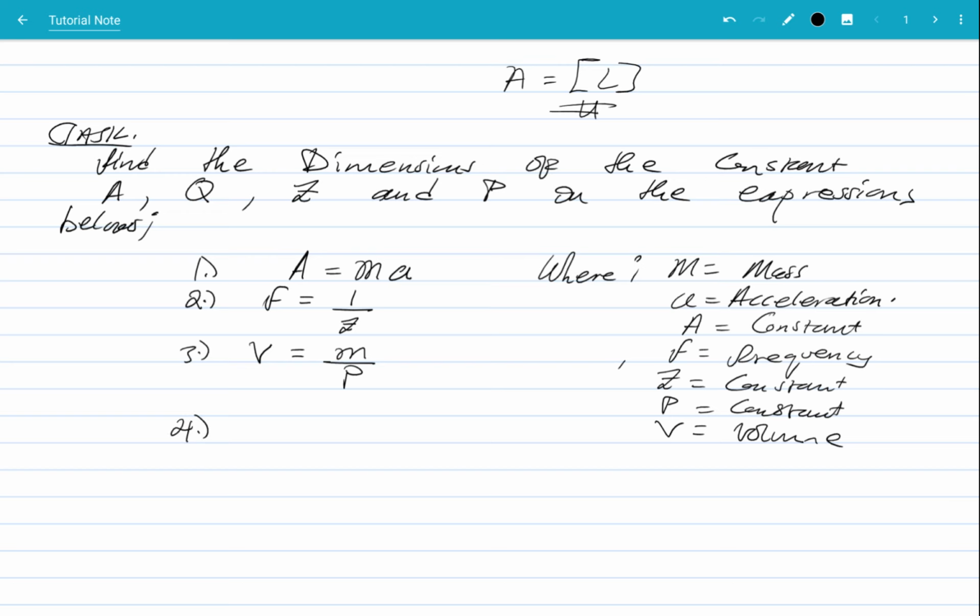And the last one will be, let us take it as Q is equal to this, where this is the force.